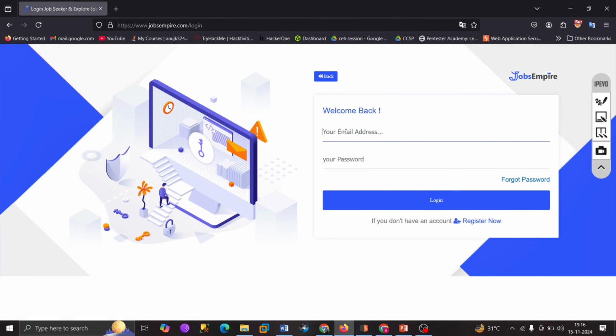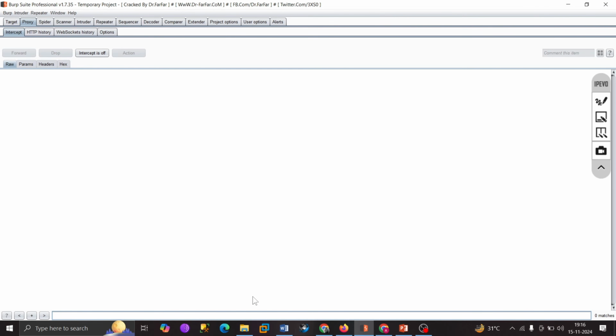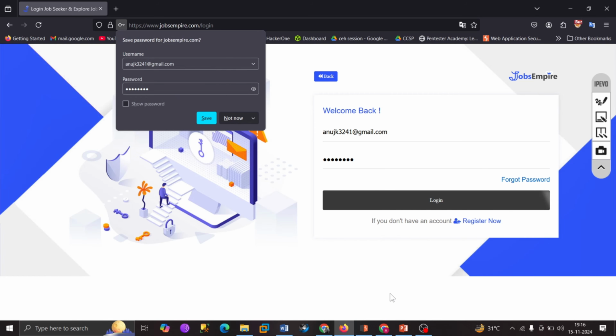Just understand this. So what I'm going to do right now is use brute force that leads to authentication bypass, right? Login.